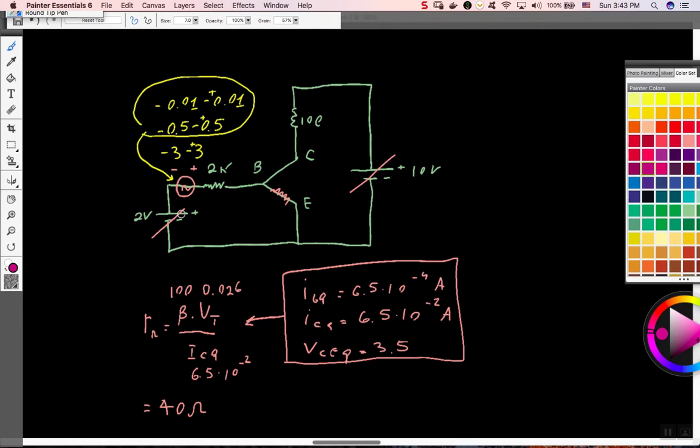On the principle of superposition, we can already consider the 2 volt and the 10 volt, so we don't erase them from the circuit and only leave the small signal. And we leave the transistor, but we approximate the transistor as a 40 ohm resistor. So we need to be careful here. Okay, let's try a nice color for that.